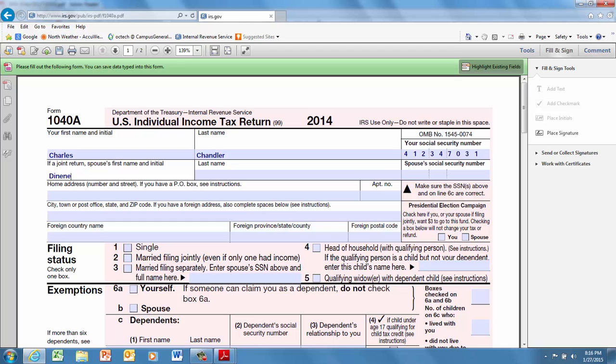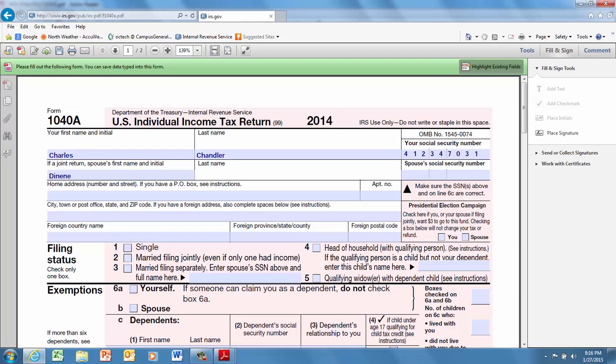Now here, the last name, they would like for you to actually put the last name the same way it is on the Social Security card. Now, if Deneen had never gone to the Social Security Administration when she got married and changed her last name to Chandler, then whatever's on her Social Security card is what you should be typing here.